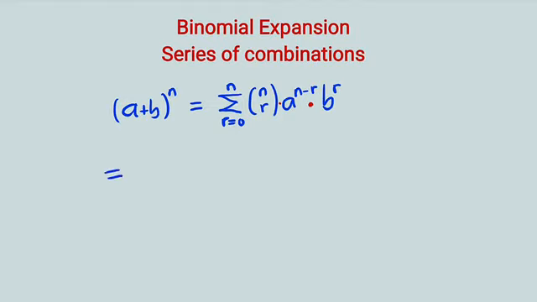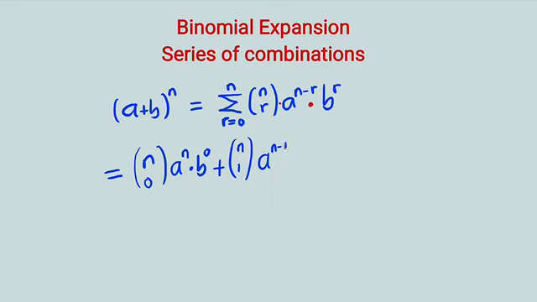So this is equal to n combination 0 when r is equal to 0, a raised to the power of n minus 0, which is the same thing as a to the power of n, then b raised to the power of 0, which is the same thing as 1. Then plus, you increase the value of r, we have n combination 1, a raised to the power of n minus 1, then b raised to the power of 1.